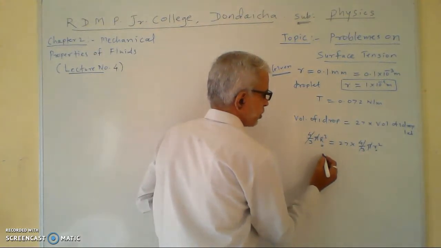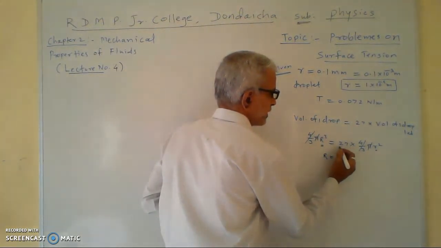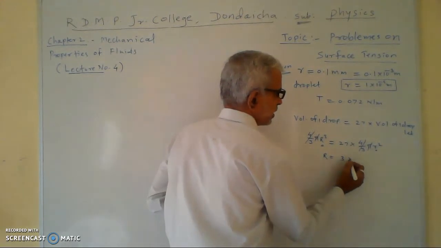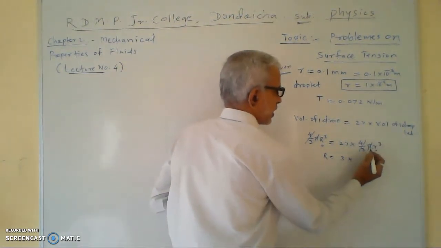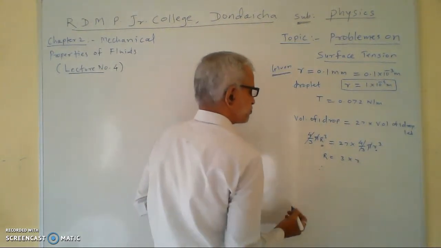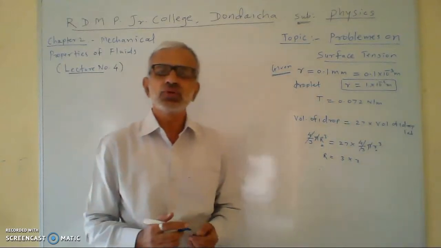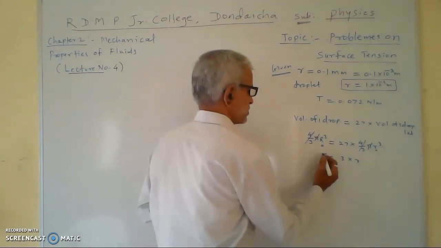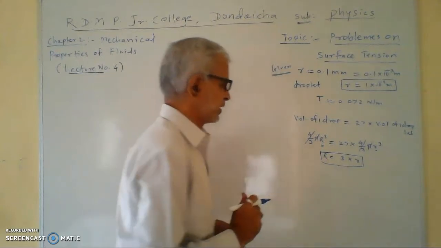Take cube root of R cube, so it is R. Cube root of 27 is 3 and cube root of r cube is r, and therefore we get capital R equal to 3r. Means radius of the drop is thrice r.